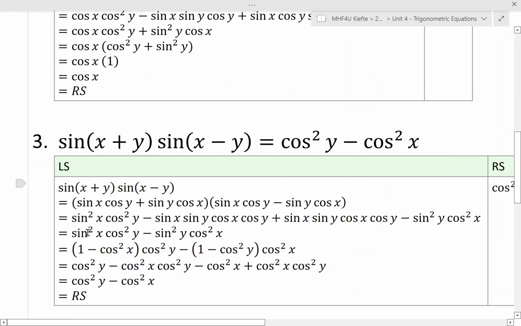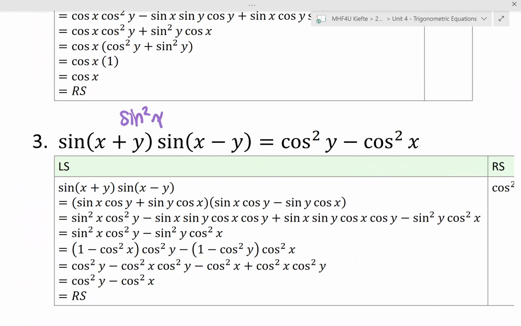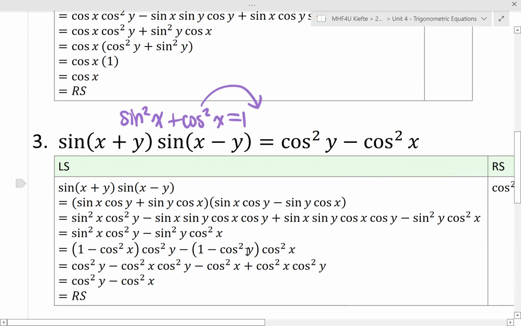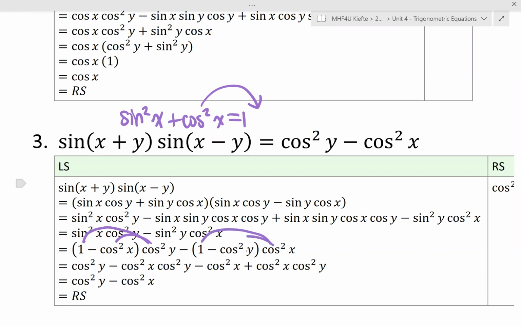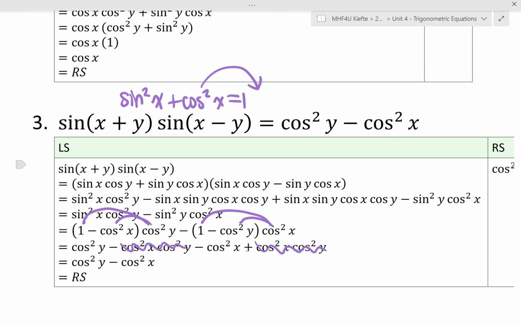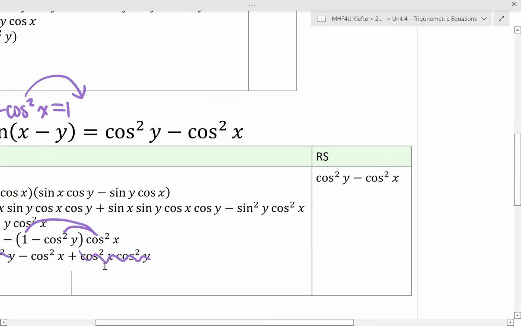So I'm taking these two sines, and I know that from before, sine squared plus cos squared is 1. So we know that sine squared is equal to 1 minus cos squared. And so that's what I'm doing for both of these. Then once again, I'm going to distribute these. And I can see that things cancel out, and I'm left with the right-hand side.